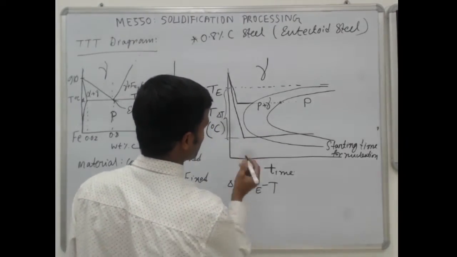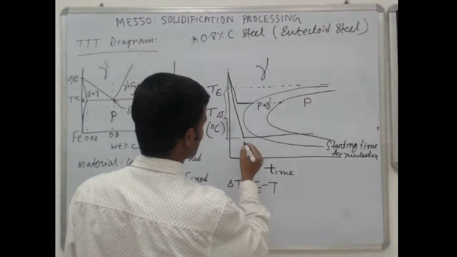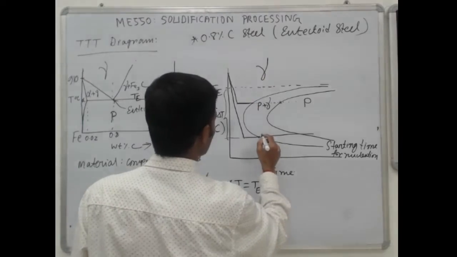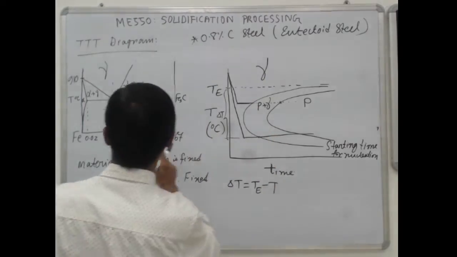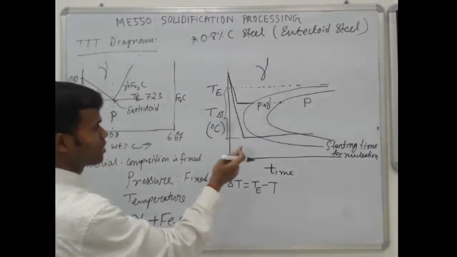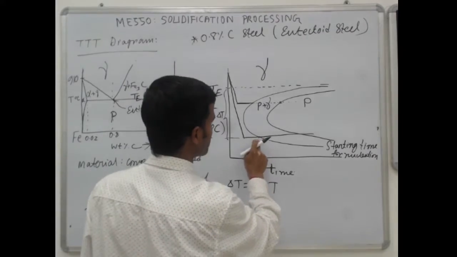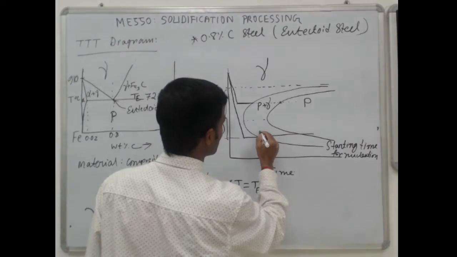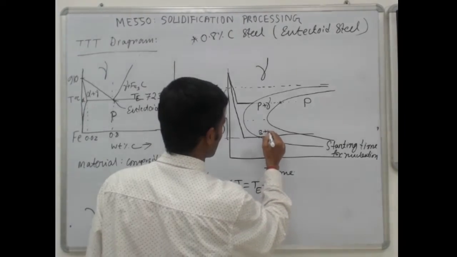At this temperature, after this amount of time, gamma will be transformed into whatever phase. Below this nose it is called bainite plus gamma.